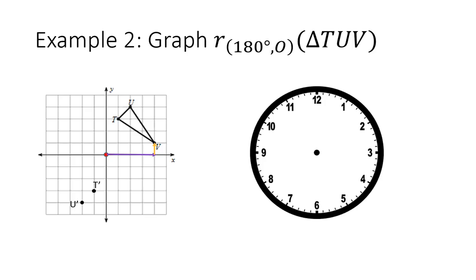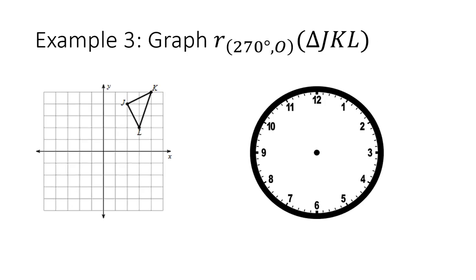So doing a 180 degree rotation counterclockwise, my purple arrow was pointing towards the 3, so now it'll be pointing towards the 9, and it's going to be going to the left 4 units, and then my upward arrow pointing towards 12 will be now pointing towards a 6. So from there, I go down 1 unit, and so that will be my new point V prime. And then last, to answer this question, I need to connect the dots to create the triangle.